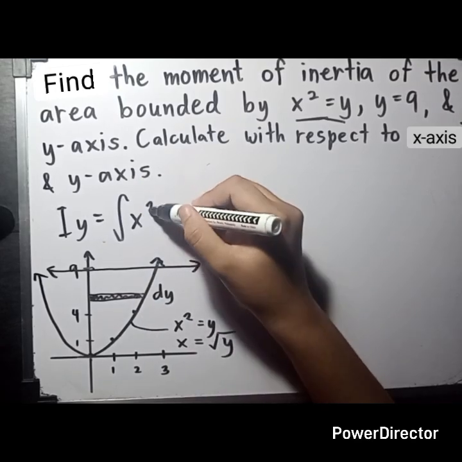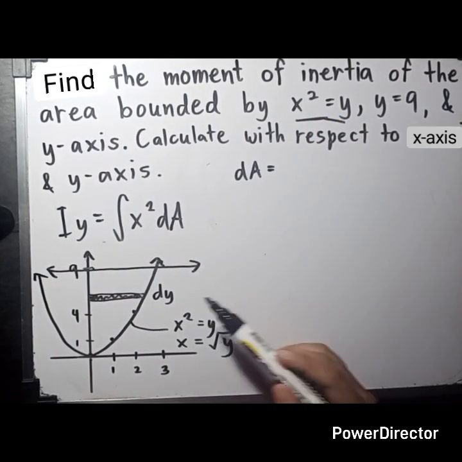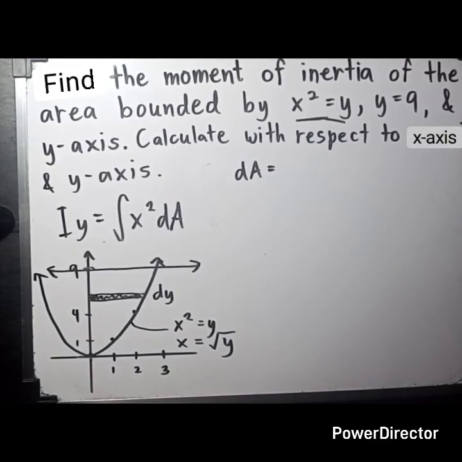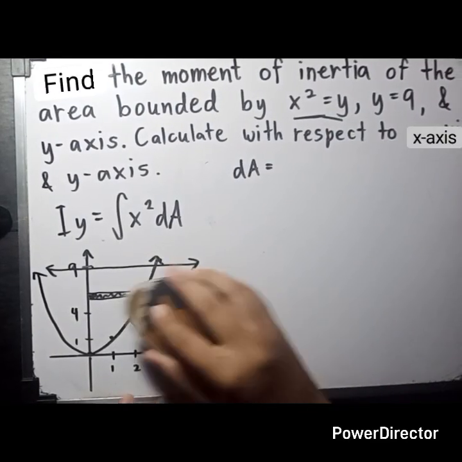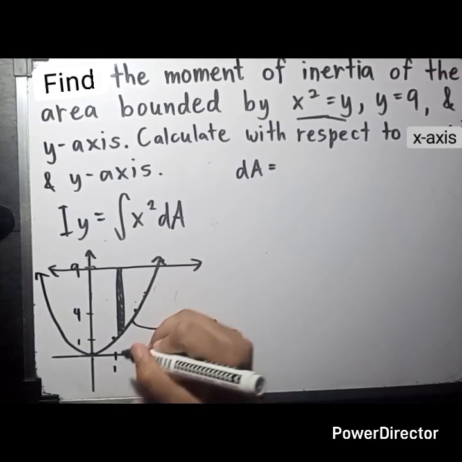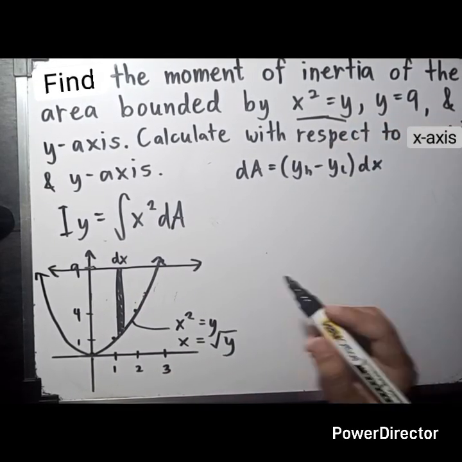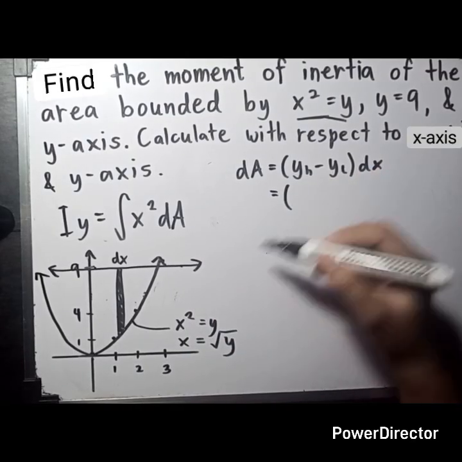Same also about the process to find the moment of inertia with respect to the y-axis. But we are taking vertical strips. Then our dA must be the quantity y high minus y low times dx.